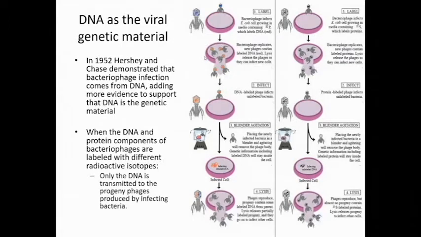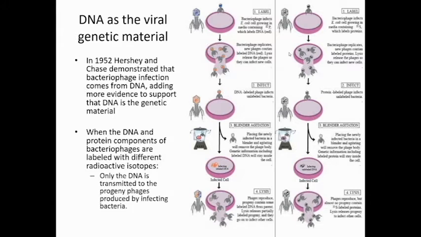And so if the genetic material is the DNA, then the bacteriophage will carry the P32. Okay, and also in another parallel experiment, they let the bacteria cells grow in the presence of S35, an isotope of sulfur.